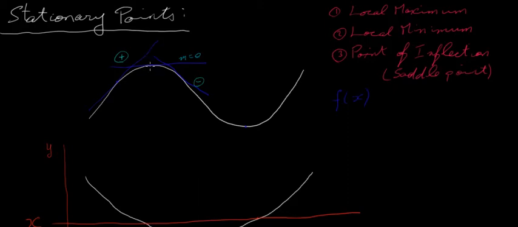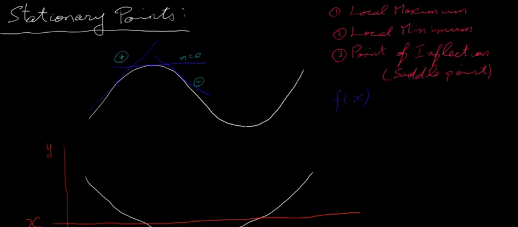And any tangent from here down to here will be pointing in this direction, if you like, so it will have a negative slope. So since all of these tangents have negative slope, this part of the function here is decreasing.